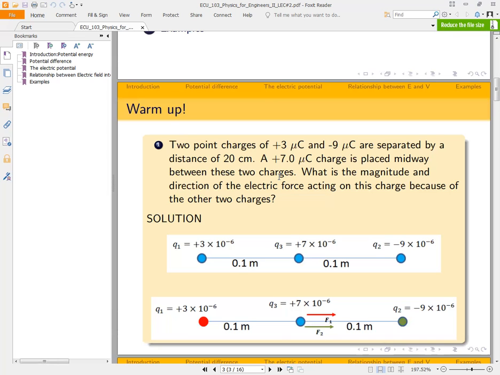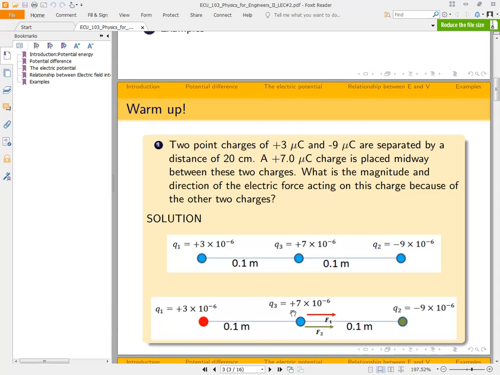You take the center charge with Q1 and you get the force. Then you take the center charge again with Q2. You calculate those two forces. Then once you have the magnitudes, depending on the direction, it will tell you whether you need to add or subtract or do whatever operation to get the resultant force. But now let's look at the signs of these charges. Q1 is positive.